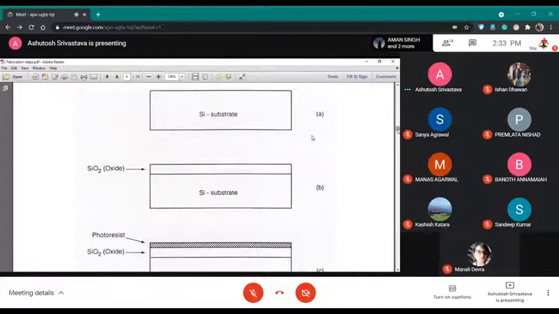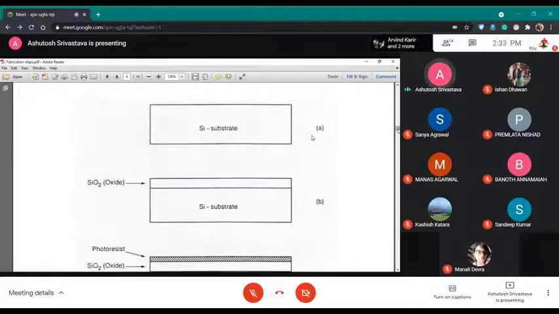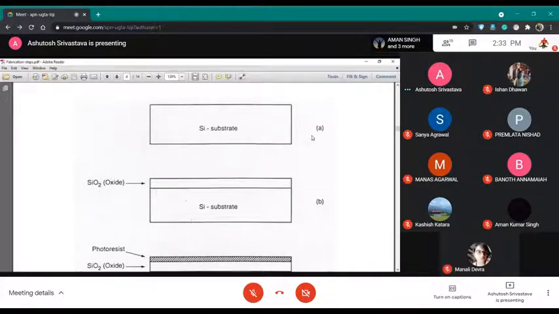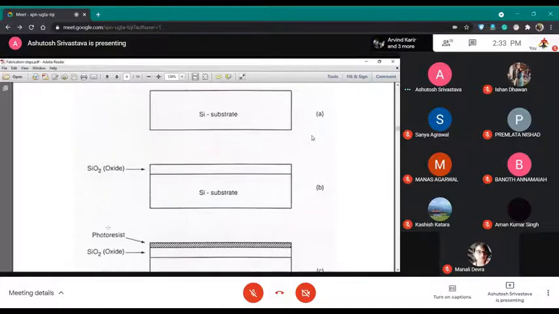So I think this will further explain what we just talked about. So you have a silicon based substrate which is intrinsic in nature. Then you have an oxide layer. Basically, there are two types of oxide.